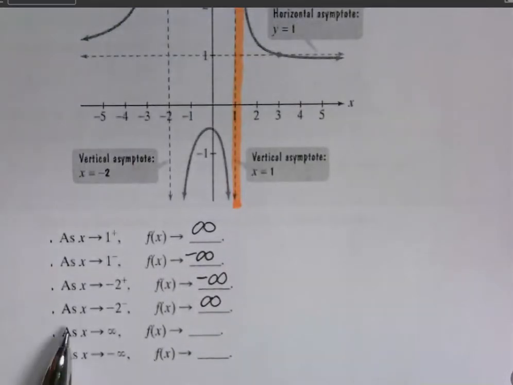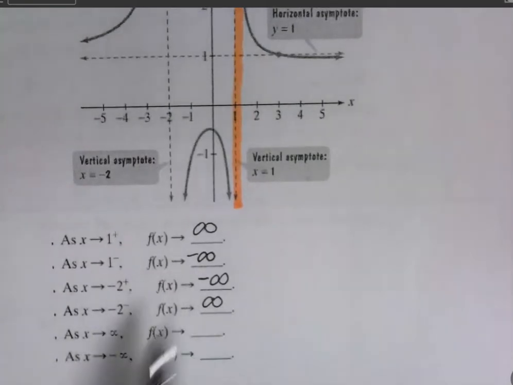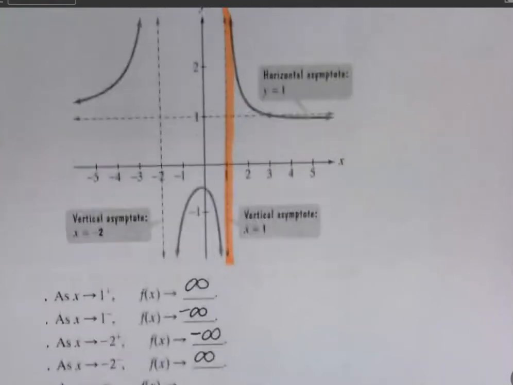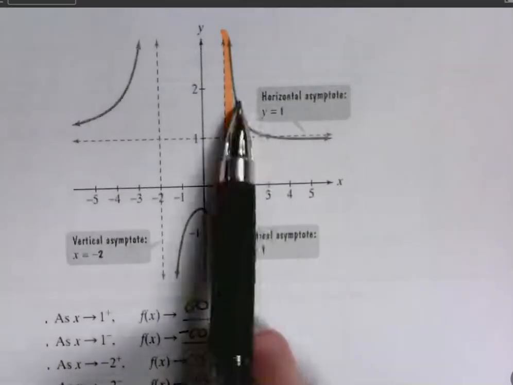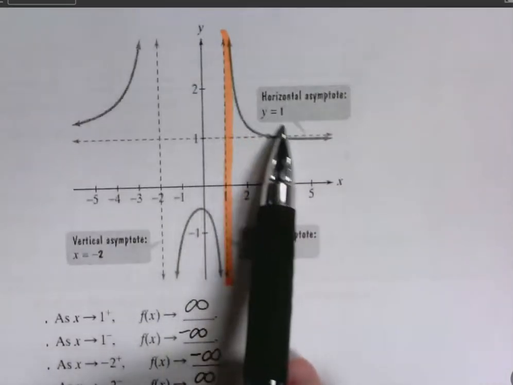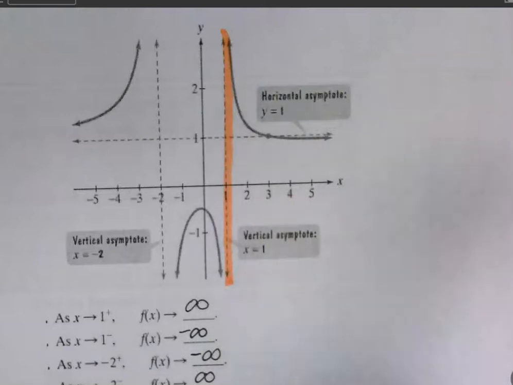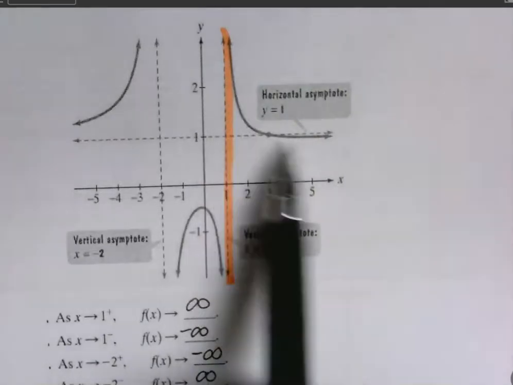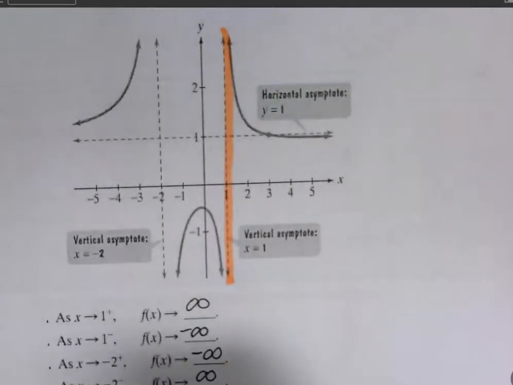And then finally, this is really the ends. That would be kind of end behavior. So as x is approaching infinity from the right, even though this kind of looks like it crosses it, we're going to say this is going toward 1.